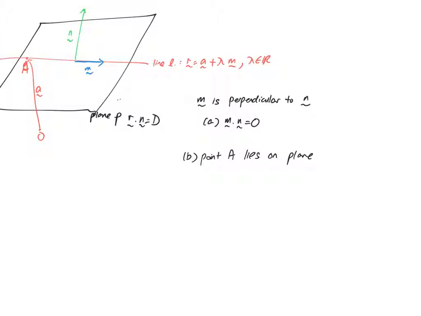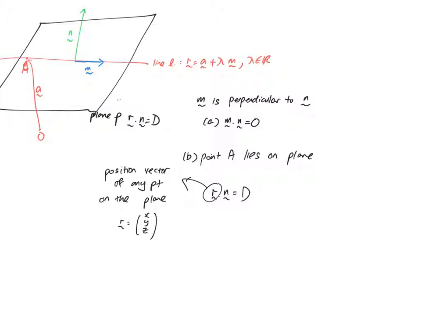Remember our plane is r dot n equals d, where r represents the position vector of any point on the plane. This r takes the form of x, y, z.